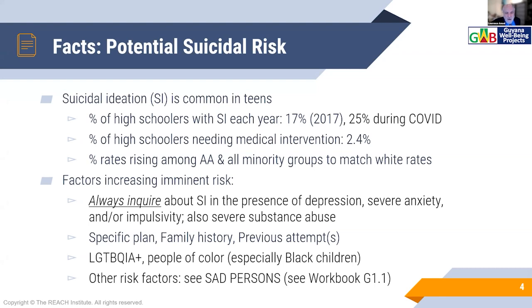Unclear whether they are at higher risk because they're under more stress. They face a lot of social stressors, or whether there are other reasons for that. Perhaps prejudice and bias against them might contribute to that, but we do know they're at higher risk. And other risk factors we're going to talk about in a moment.